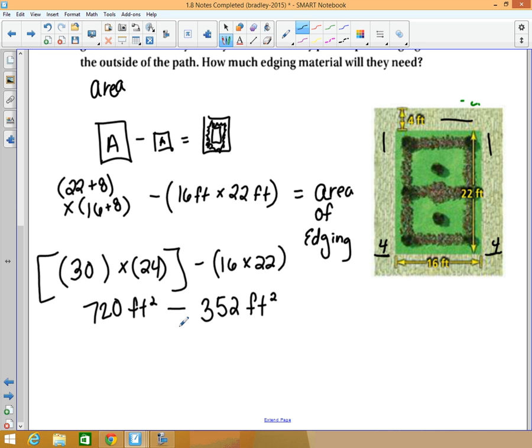Okay, so then I will take 720 and subtract 352, and it looks like we're going to need 368 square feet of edging to cover that area around. Okay.